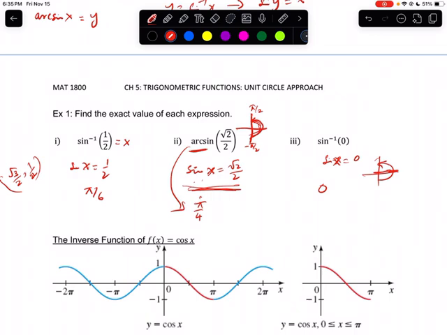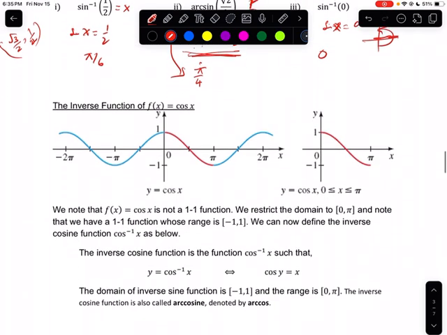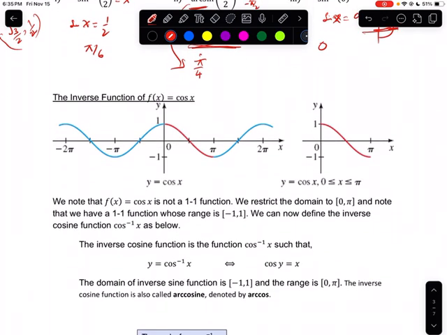Okay, so this was the inverse sine function, and now in a similar way we will create the inverse cosine function, or the inverse of the cosine function. We have the same issue here: a horizontal line crosses infinitely many values, so it is not a one-to-one function.